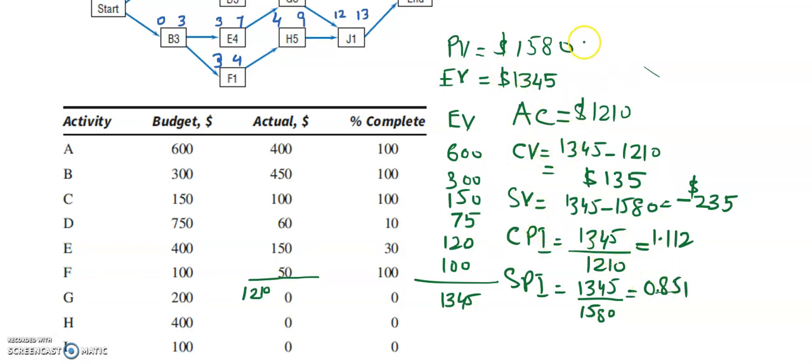Okay, and we can also calculate the estimated completion, which is equal to the budgeted completion divided by the cost performance index.